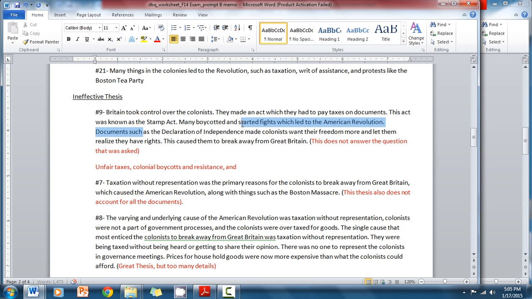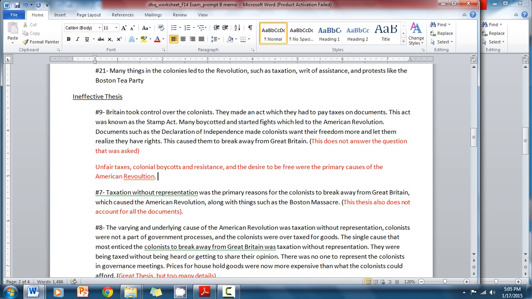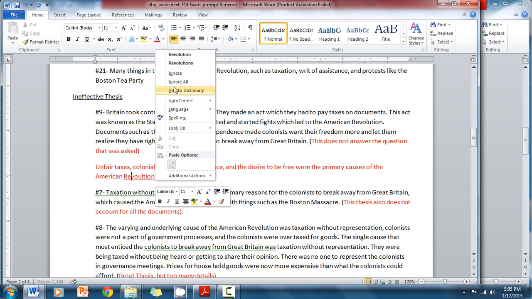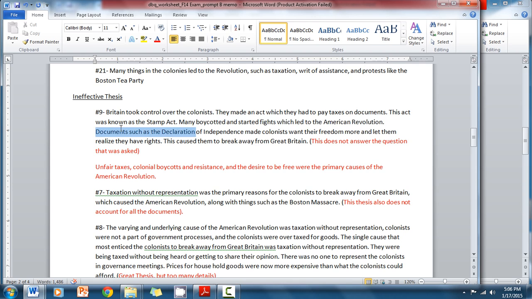And then here you're talking about the Declaration of Independence and the desire to be free were the primary causes of the American Revolution. It's never a good idea to reference specific events, so there's no need to talk about the Declaration of Independence.